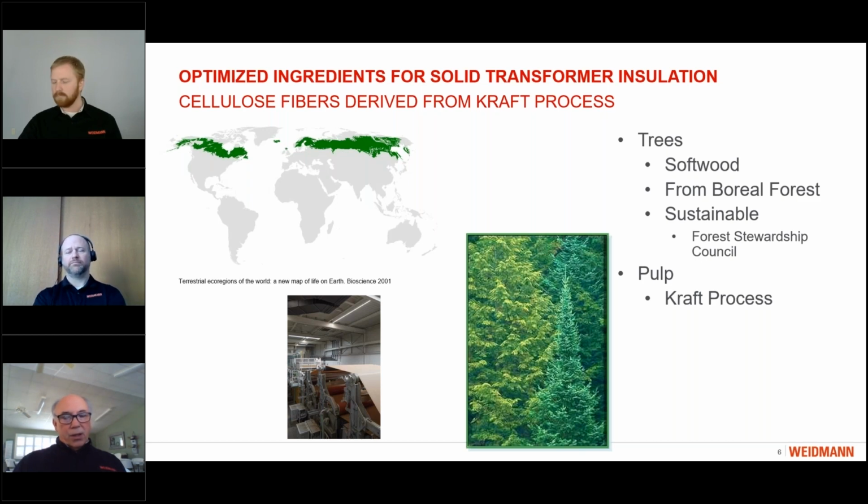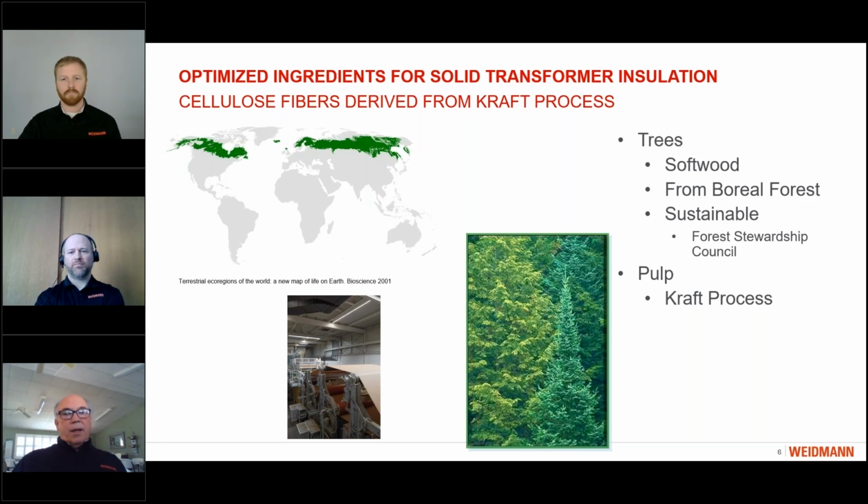It's important to note that these are coming from sustainable forests. The pulp suppliers that we deal with are part of this Forest Stewardship Council, and in order to be certified, you have to plant 2 trees for every tree that you harvest, so it maintains a sustainable forest. The other point to get a good, pure, strong fiber is when you derive the cellulose from the tree itself, there's a process called pulping, which can get those fibers out.